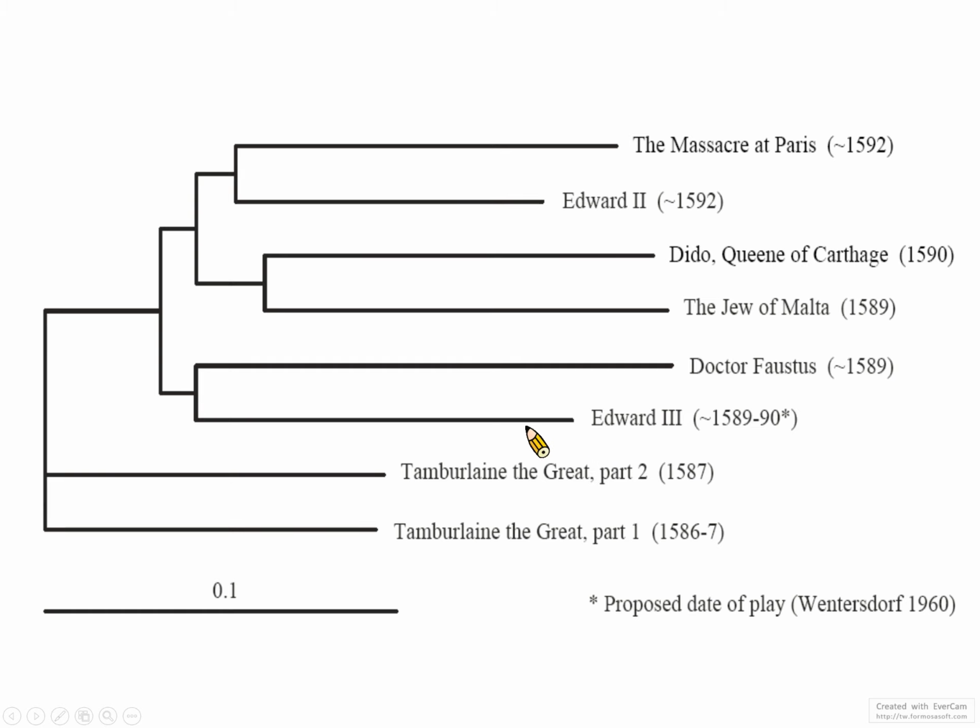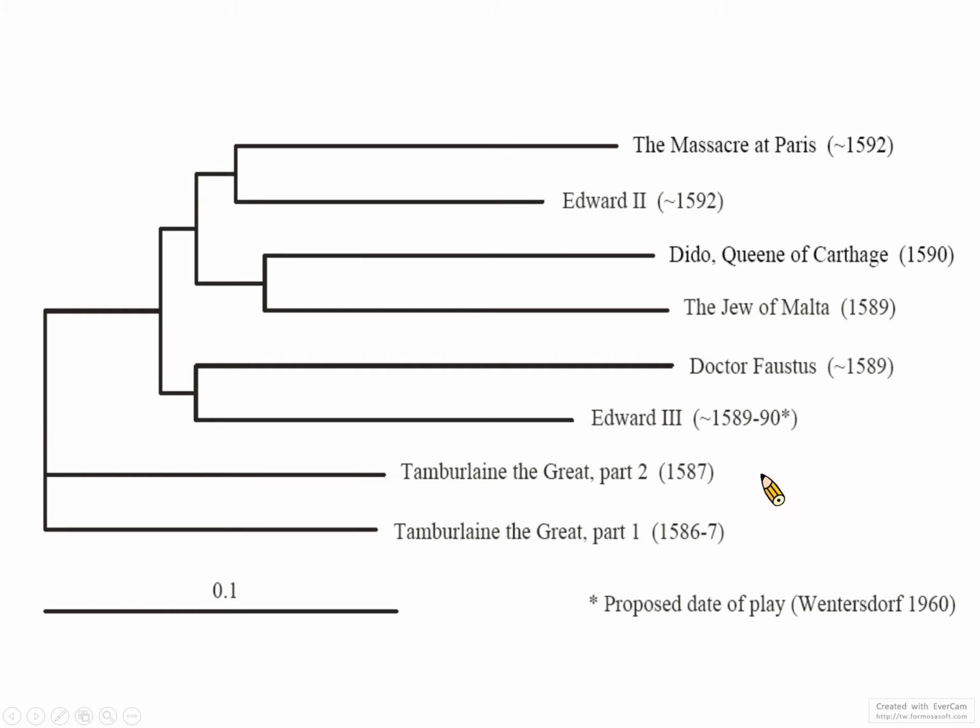And we also found that there's a play called Edward III. It was published anonymously in its first print, and nobody knows who wrote this play. But many people argue that it was written by Shakespeare, while others argue that it was written by Marlowe.